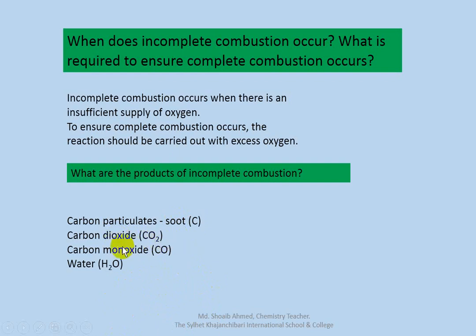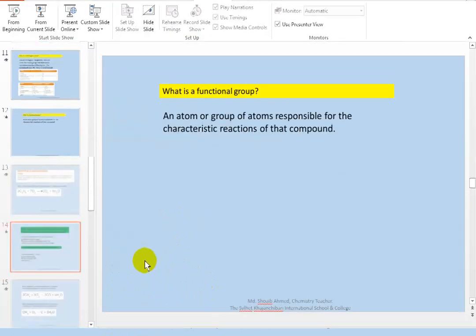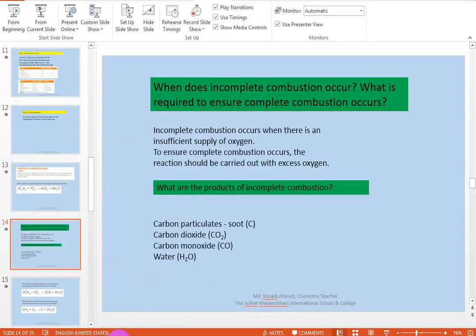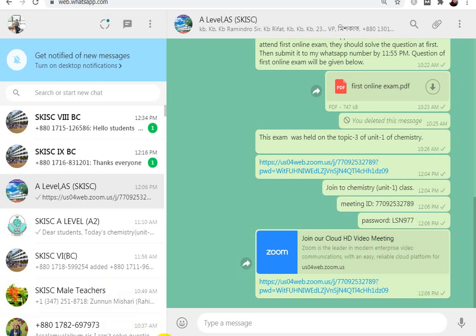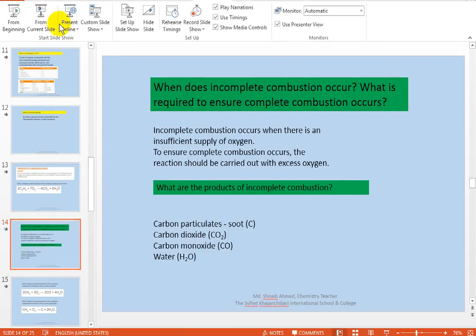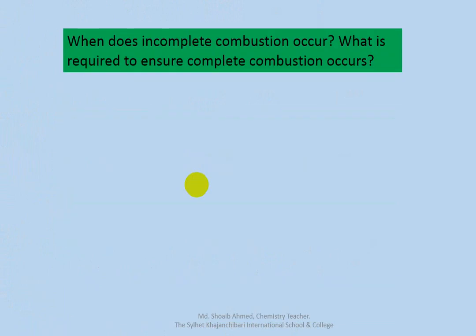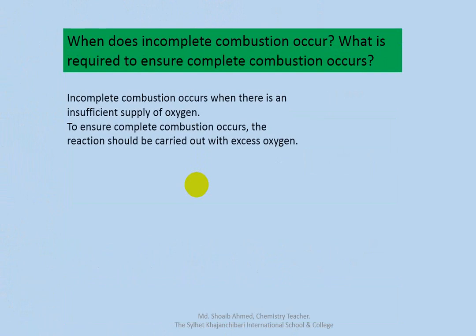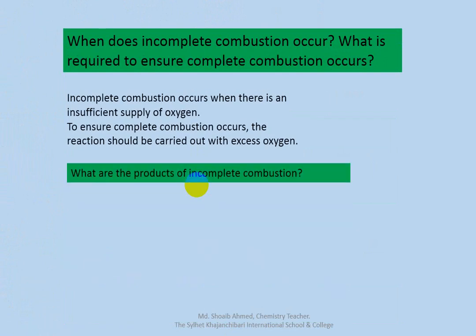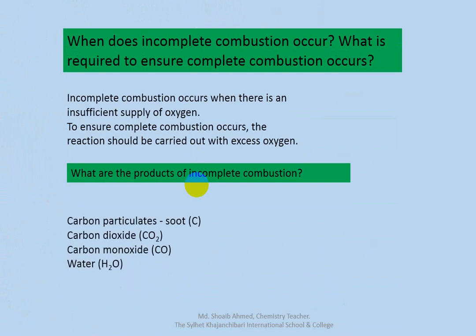Carbon dioxide, carbon monoxide, and water. Also carbon particulates, which is the soot. Soot also forms. There we find much dust also. This is the carbon formed during incomplete combustion. Black dust forms. This is the carbon soot.